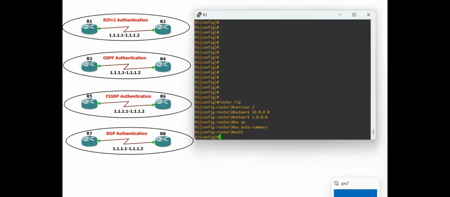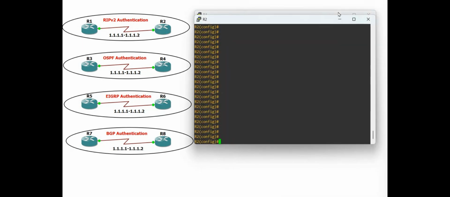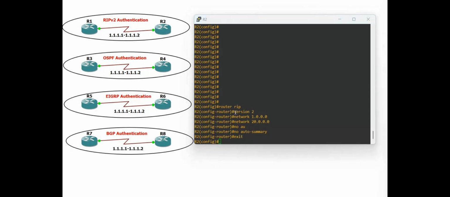So router RIP and version is 2, network 1.0.0.0 and network 20.0.0.0, no auto-summary. Let's see the routing table.